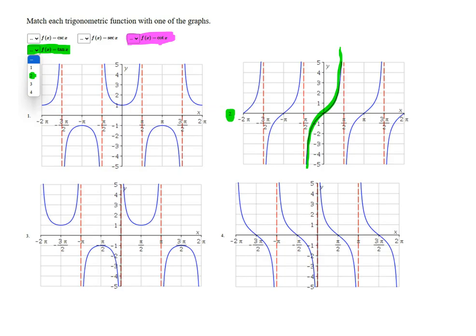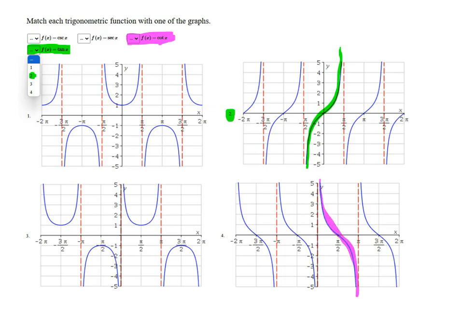Let's see how they got this going here. Cotangent of x would be, well, the cotangent is reciprocal, so it goes downhill, which would be this one here.